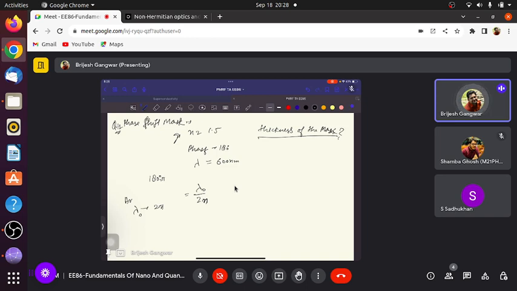In the mask, which has this refractive index, lambda by 2n: 600 by 3, since 2 into 1.5 is equal to 3, is 200. So we need a 200 nanometer thick phase mask.